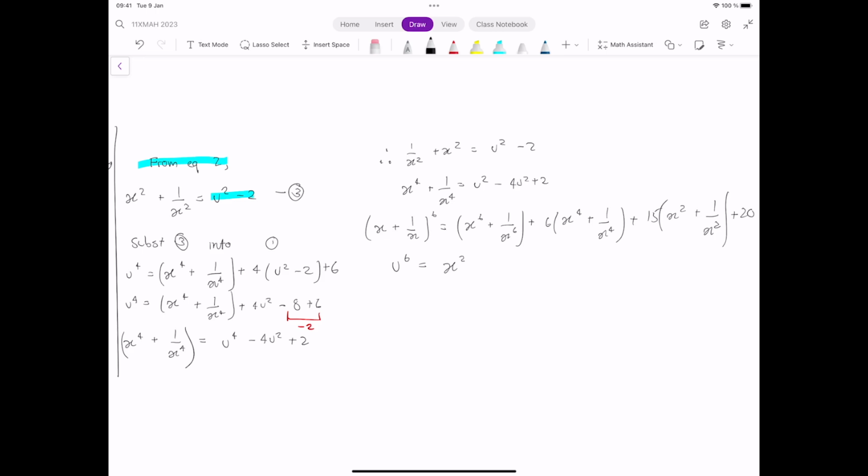We don't have anything for x to the power of 6 plus 1 on x to the power of 6 plus 6 times the previous expression, which we've already determined was u to the power of 4 minus 4u squared plus 2. And we've decided that this was 15 times (u squared minus 2) plus 20. So u to the power of 6 is equal to x to the power of 6 plus 1 on x to the power of 6 minus 6u squared minus 24u plus 12 plus 15u squared minus 30 plus 20.